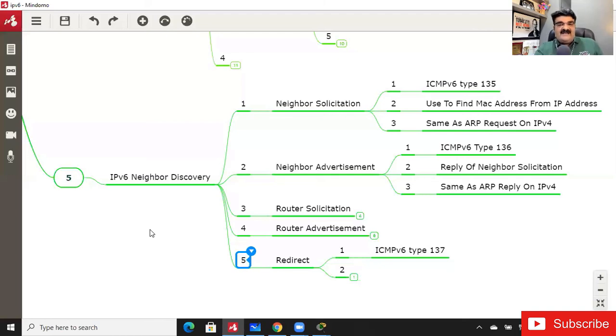We will finish IP configuration tomorrow, and then we will talk about router solicitation and router advertisement. Tomorrow we will complete one lab, and after that we will start dynamic routing protocols. It will be with IP version 4 and 6 together.